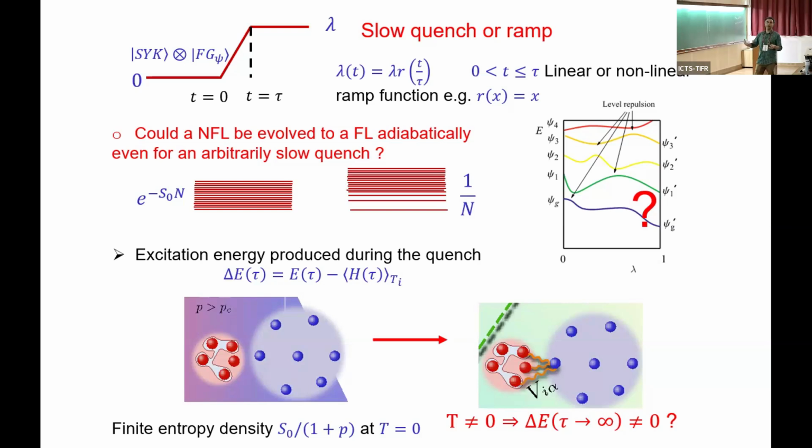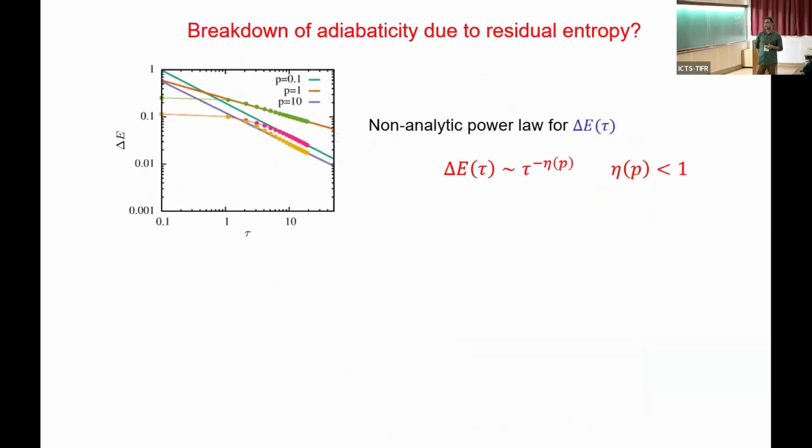At finite tau it will always be finite, but I can try taking tau going to infinity and ask whether I recover adiabaticity. What we find, at least to the extent we could study, is that it seems to recover adiabaticity. Meaning this energy seems to follow a power law which goes like tau to the power eta_p, which depends on p, and eta_p is less than 1.